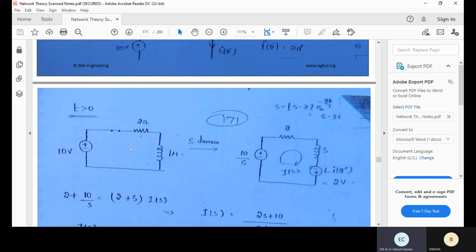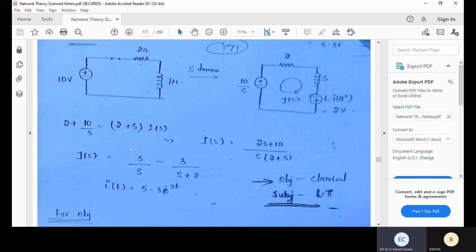If you solve that linear differential equation and evaluate the initial conditions by using the inductor property, you will get the same response, I of t is equal to 5 minus 3 into e to the power of minus 2t.